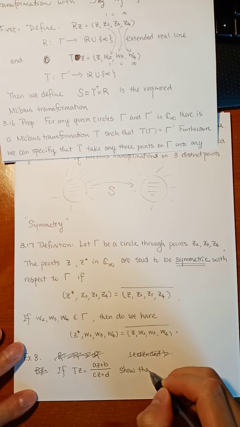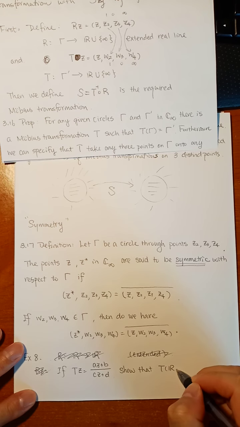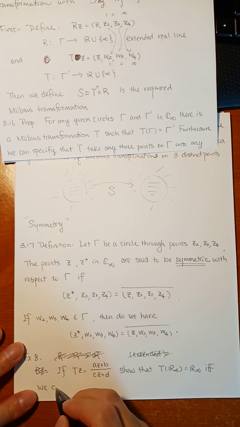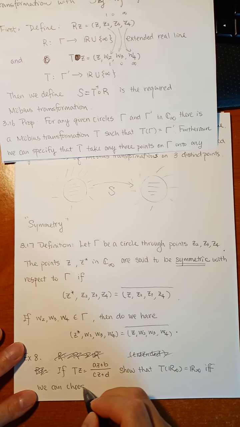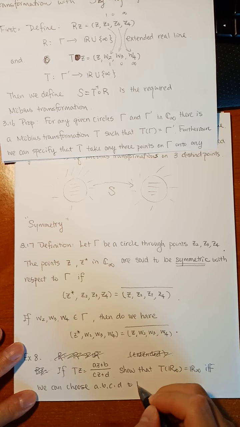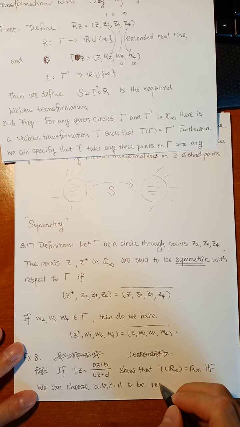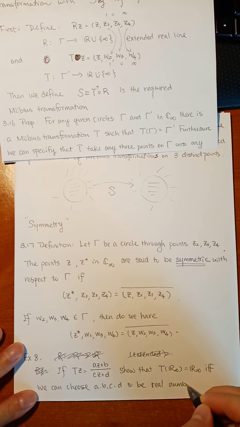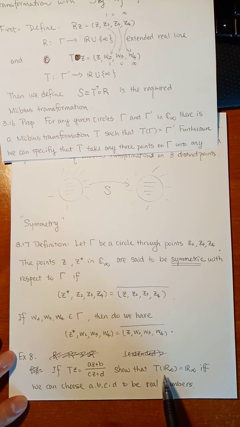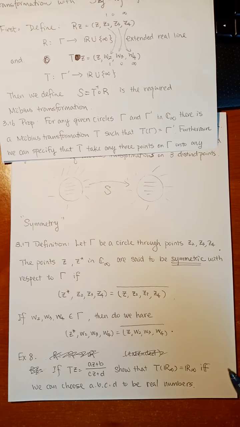Show that T of the extended real line is equal to the extended real line if and only if we can choose a, b, c, d to be real numbers. So it basically says the Mobius transformations preserving the real line are given by real coefficients.